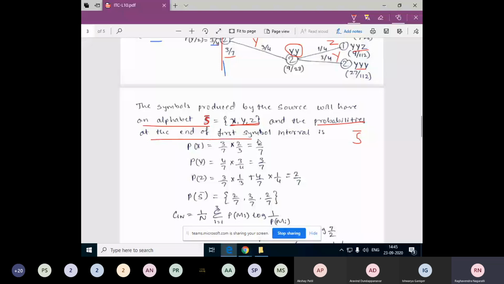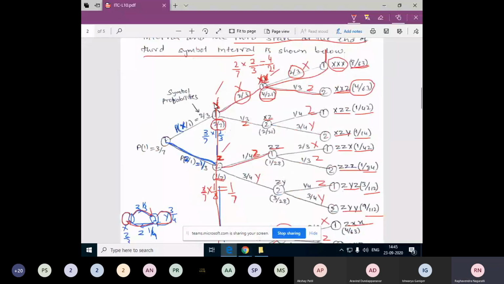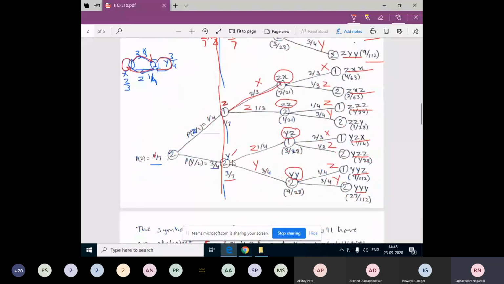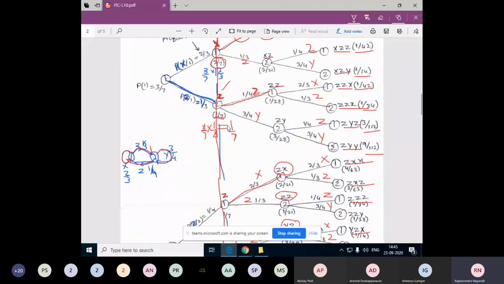Probabilities at the end of the first symbol interval, that is P of X, P of Y, P of Z. So which are the different symbols emitted here? X, Z, Z is repeated here again, and Y. If symbols are repeated, we can ignore them and consider only one of the repeated symbols.